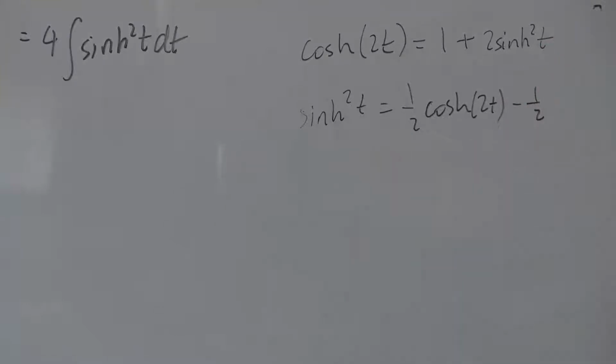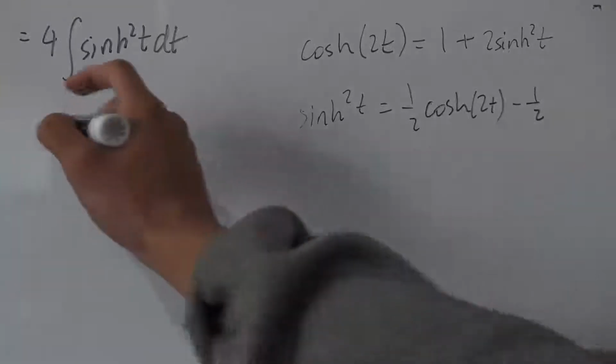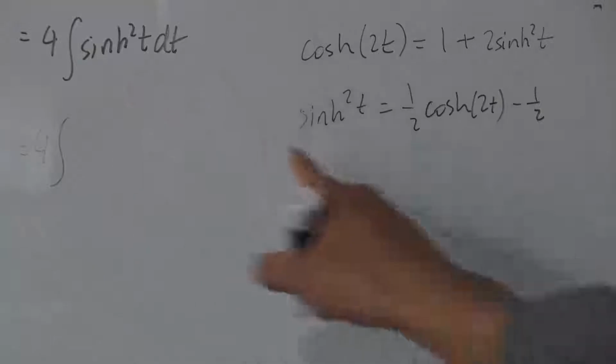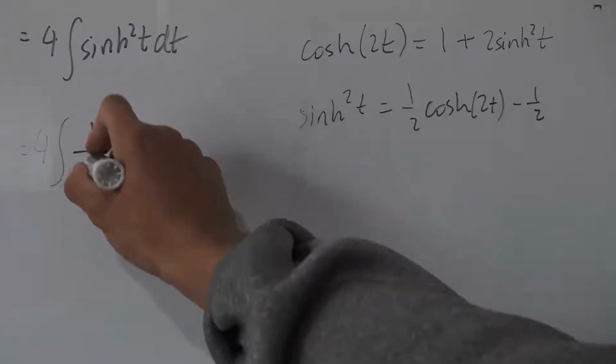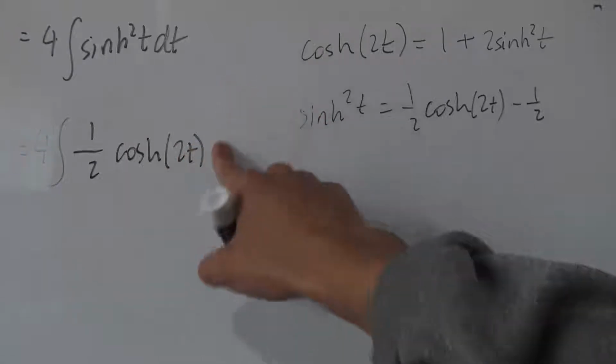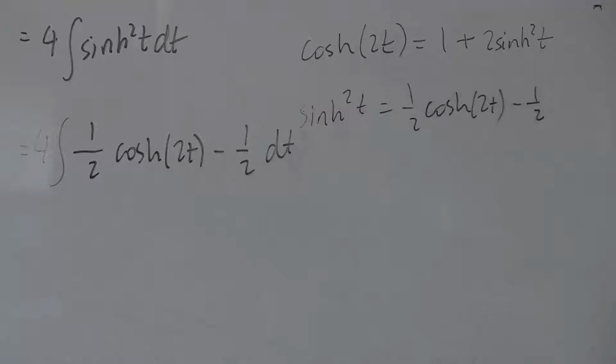So these two are equivalent. So now we can substitute this part in for our sinh squared. So now we have 4 times the integral. Sinh squared is nothing but 1/2 cosh of 2t minus 1/2. There we go, and tied off with the dt.